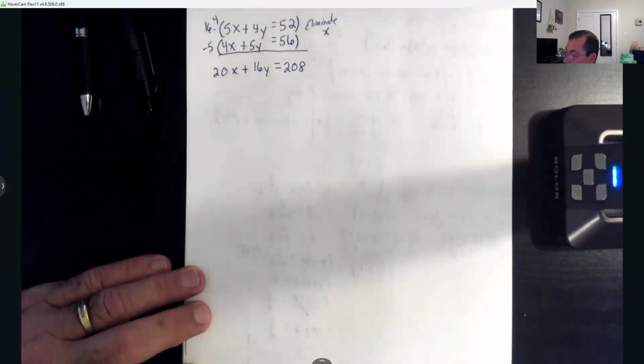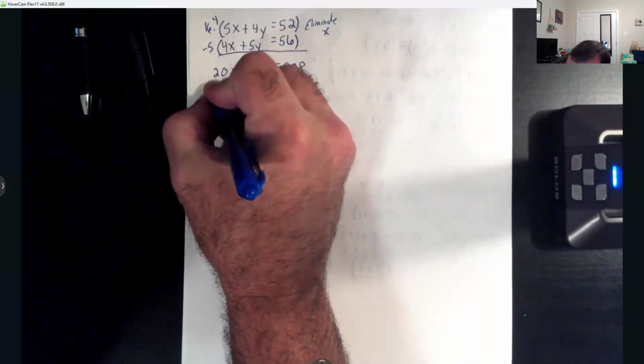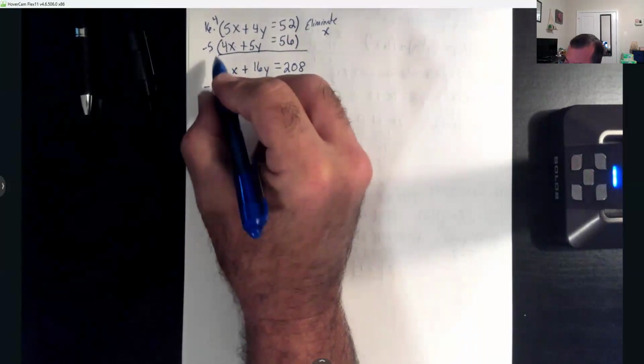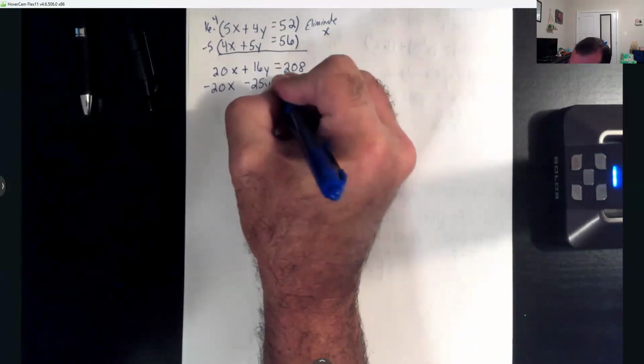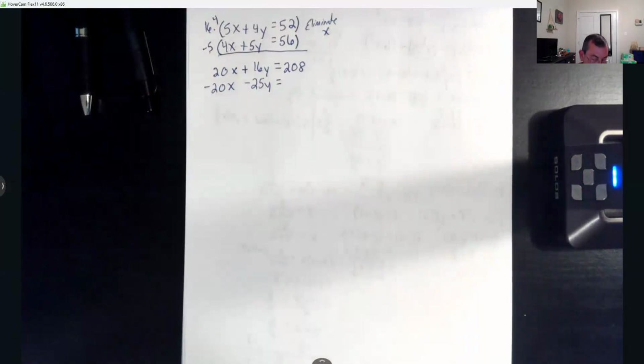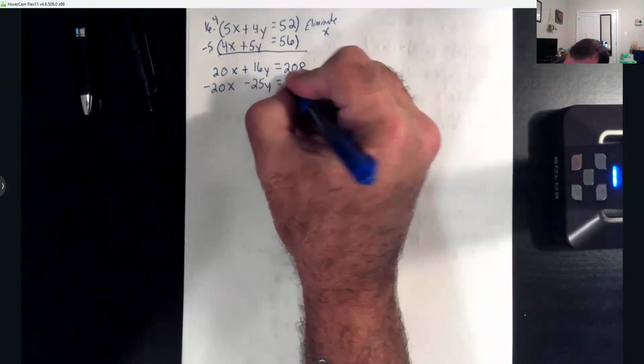Okay. Now my bottom row, negative 5 times 4x is a negative 20x. Negative 5 times 5 is negative 25y. And then I got negative 5 times 56, which is a negative 280.